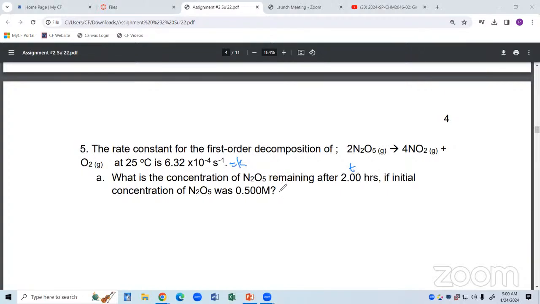And here they gave us the initial concentration of A. And the question is asking for the concentration of A at time T. So recall that the equation for the relationship between concentration and time for a first order reaction is, well, one way of expressing it, concentration of A is equal to the initial concentration of A times e to the minus kt.